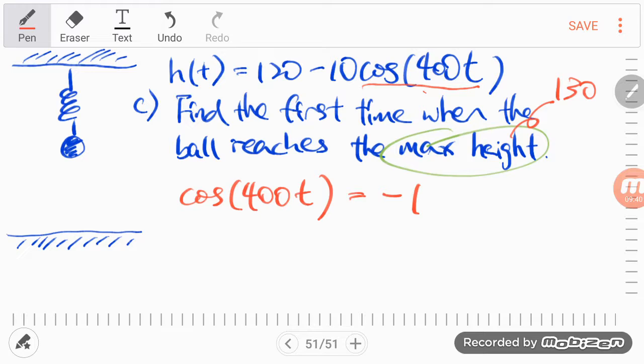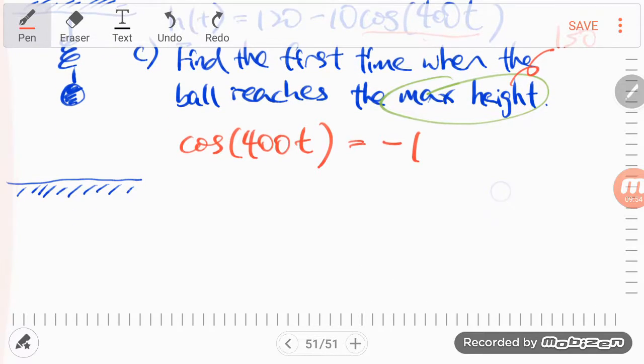So all we have to do now is find what the t value has to be so that I will get a -1. Now, if you think about the unit circle, when cosine of an angle gives me -1, what does that angle have to be in terms of radians?